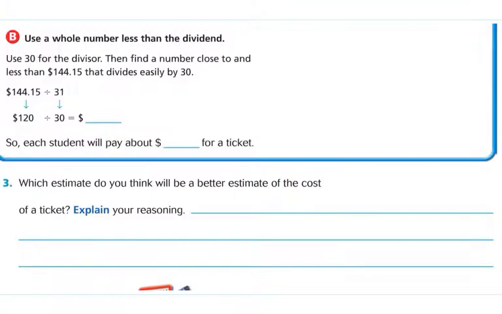Next, boys and girls, it says B. A different strategy is we can use a whole number that is less than the dividend. So what we're going to do is use the divisor 30 here, and then find a number that is close to and less than 144 that evenly divides by 30. So boys and girls, if we think to ourselves of our tables of 3, we just used 15 in our last one.